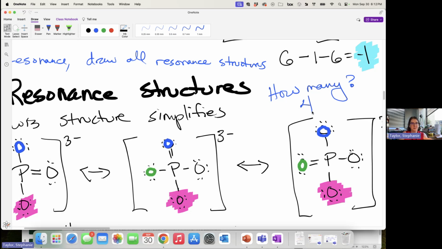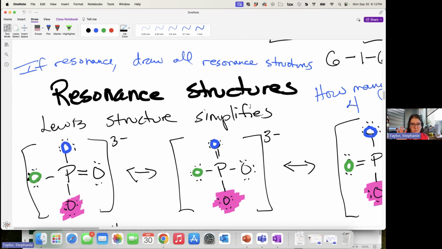So I definitely understand the question as far as do we have to draw all of those? Read the question, read the instructions, and that should help you out with what that is. But a lot of times it'll say something like, if resonance is present, then draw all valid Lewis structures, or draw all resonance structures after you've optimized for formal charge.